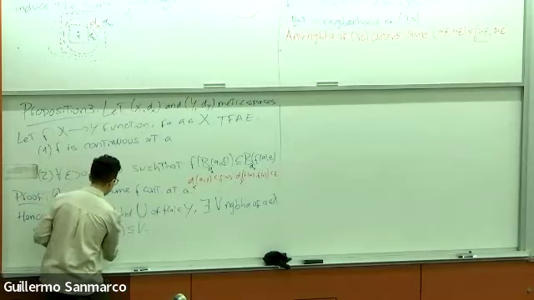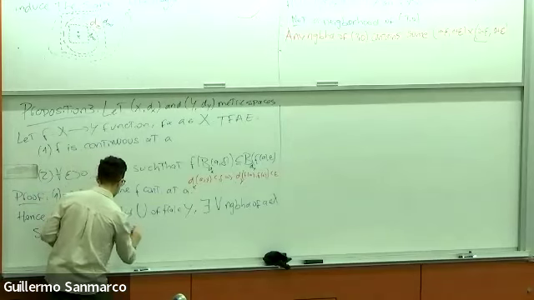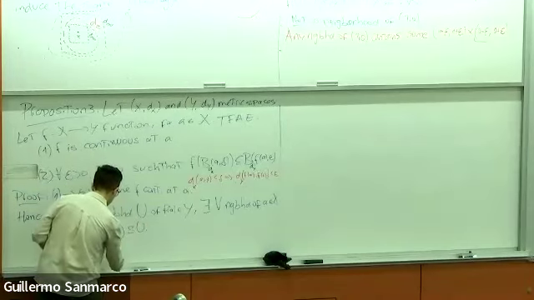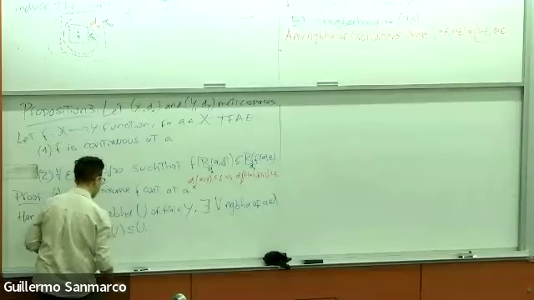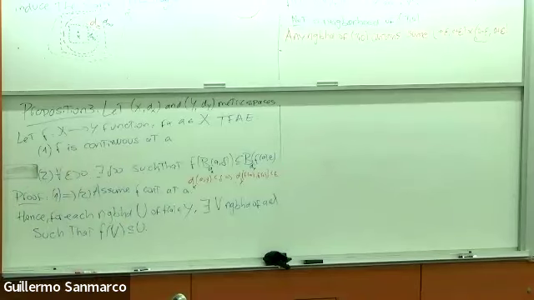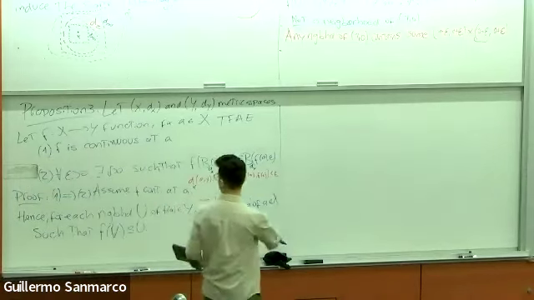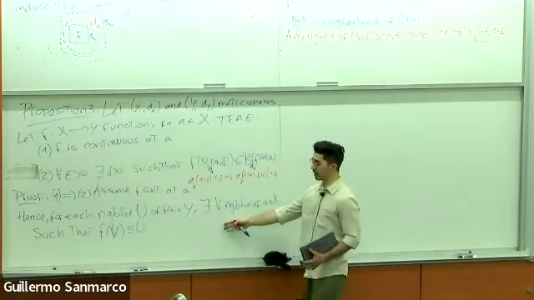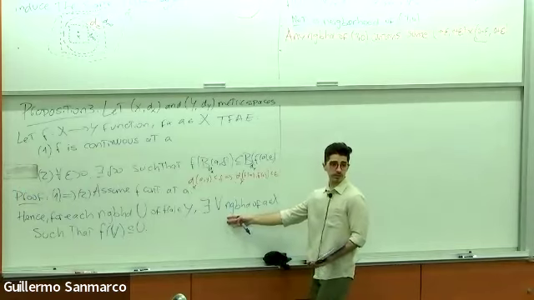Other way around. f of V is a subset of U. That's the definition of continuity at A. So now this is independent of the metrics. This is just a topological statement.